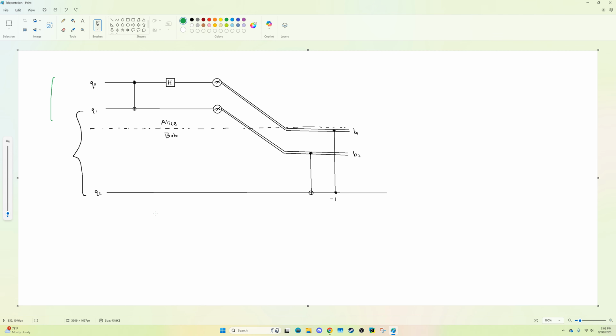And that Bell pair is entangling the two qubits. So now any operations we're doing on Q1 will be transferred to Q2 because of their relationship. And you'll see the indirect effect that it has later as we trace through the circuit. So we know that Q1 and Q2 are entangled, and Q0 is an additional qubit that Alice needs to introduce to be able to copy the information into Q2.